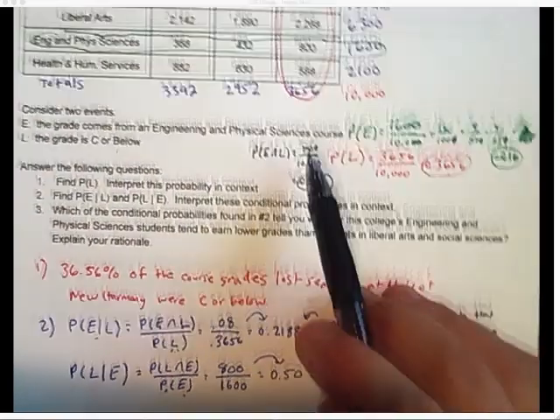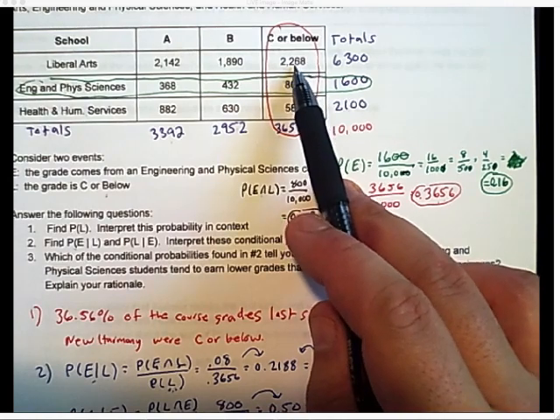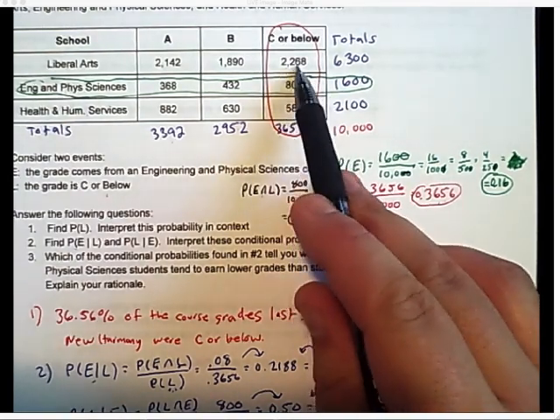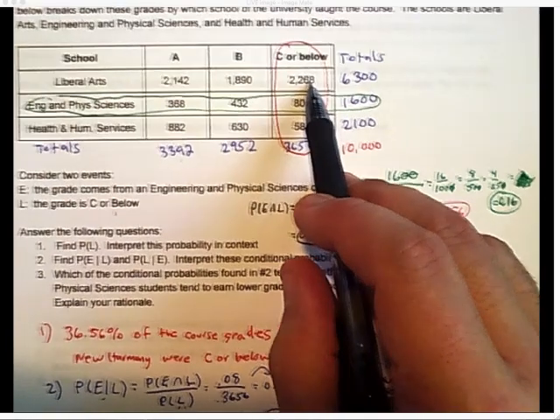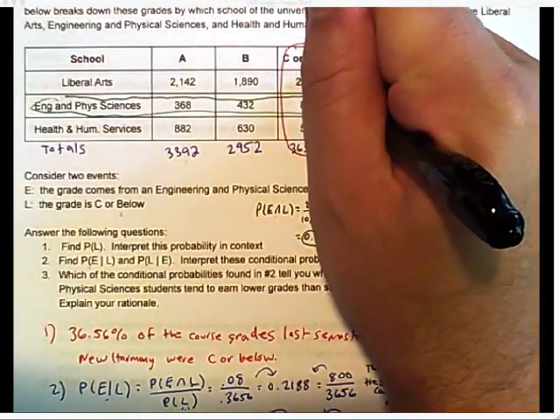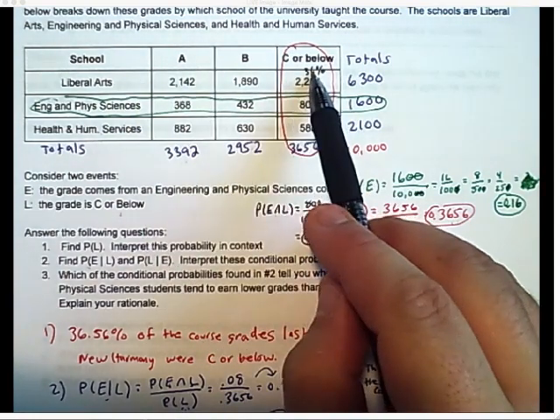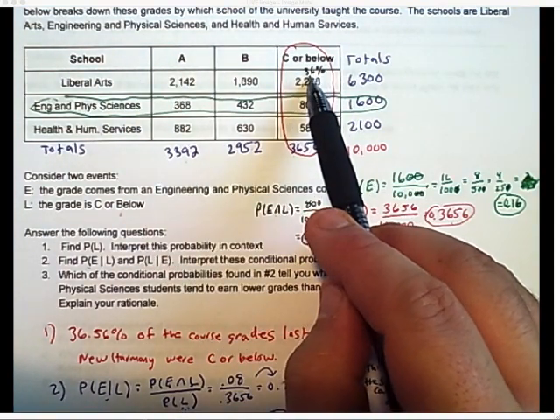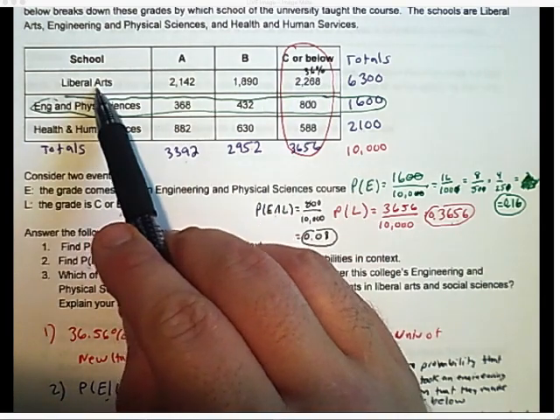If you did the same thing with the other two here, okay, so for example, if I took 2268 and divided it by 6,300, all right, people in liberal arts, 36% of these people got a C or below.